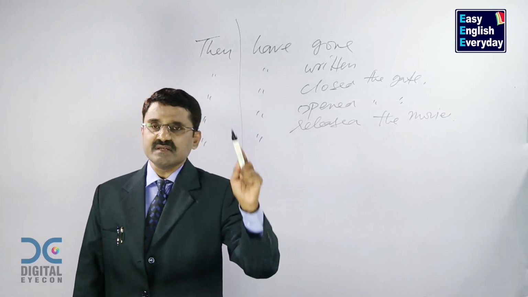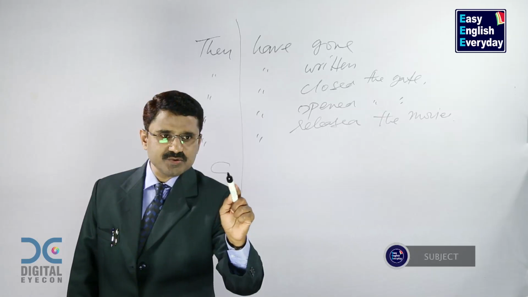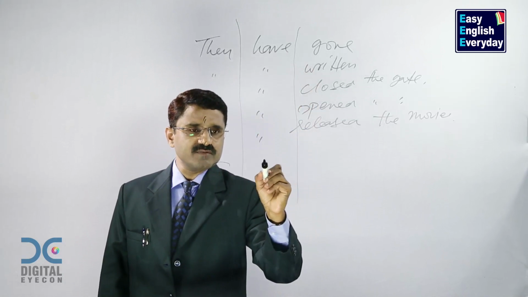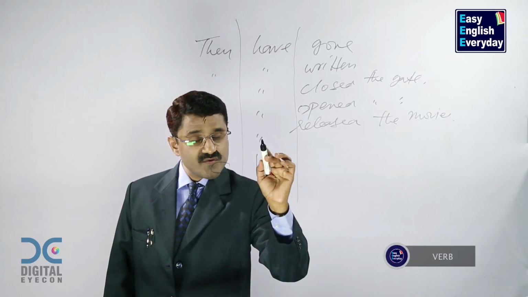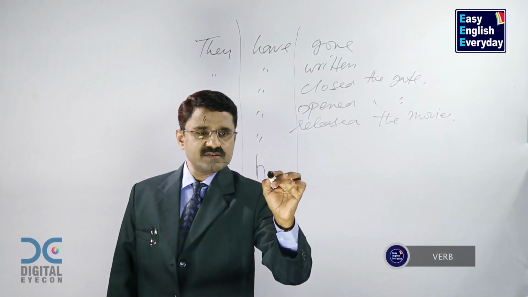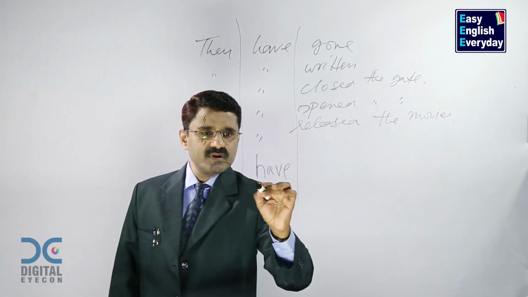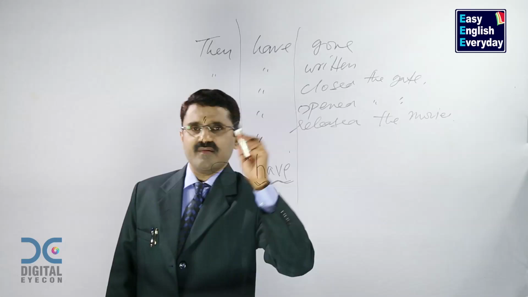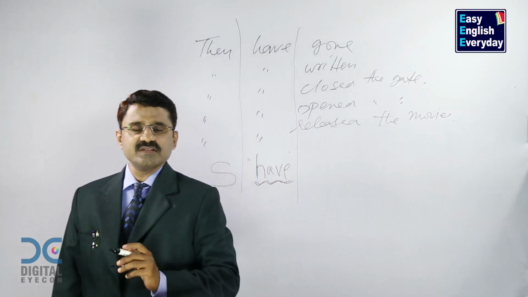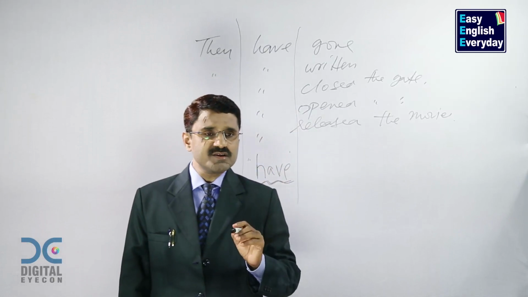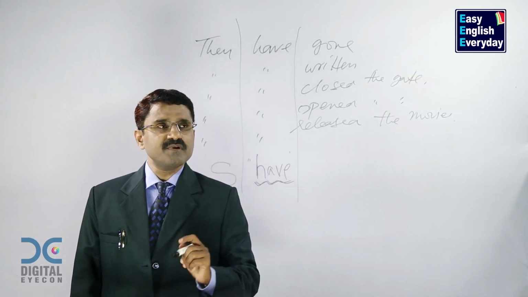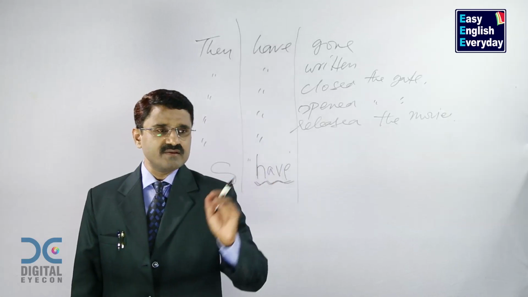This part of the sentence we call as usual subject, and this part of the sentence is called verb, and here we are taking the help of a simple innocent person called have. He is an important member in English family. His name is have, and he is going to help us in making sentences like this.